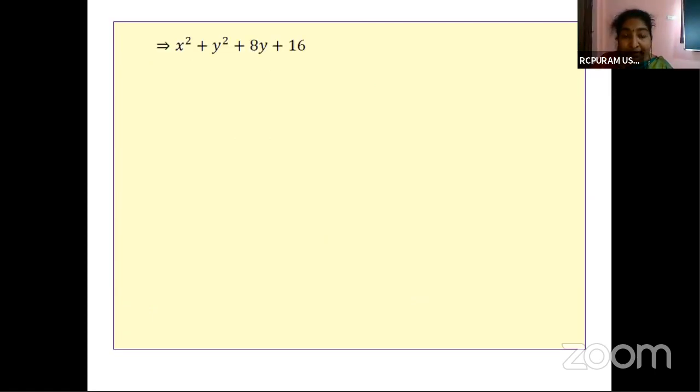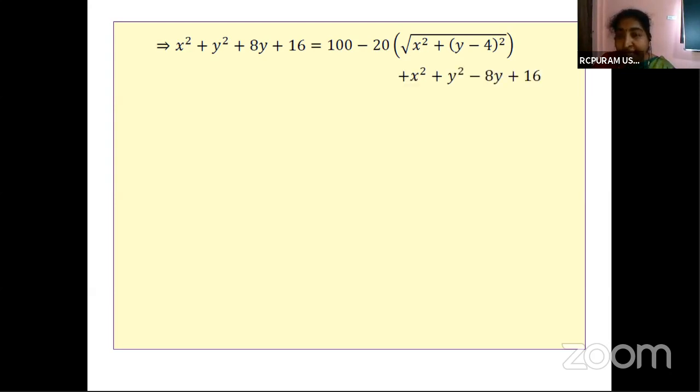When you expand, on your left hand side, you will get x square plus y square plus 8y plus 16 is equal to 10 square, which is 100, minus 2 into 10, which is 20, root of x square plus y minus 4 whole square, plus the last term. When expanded, you will get x square plus y square minus 8y plus 16.